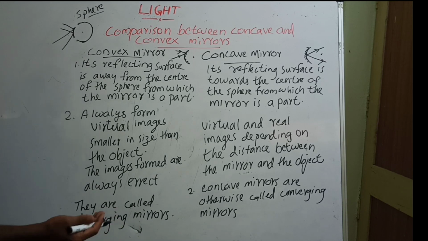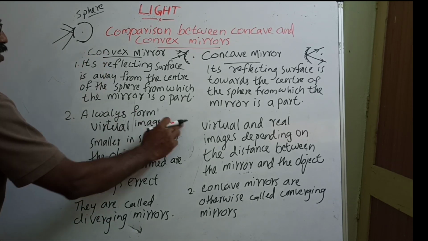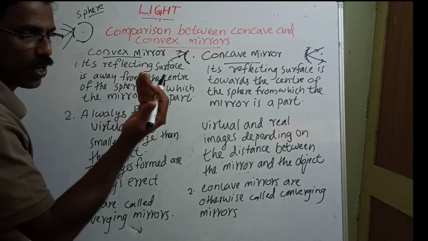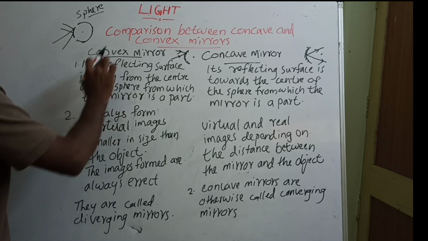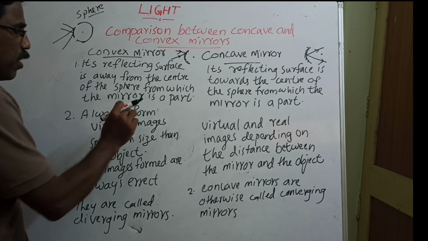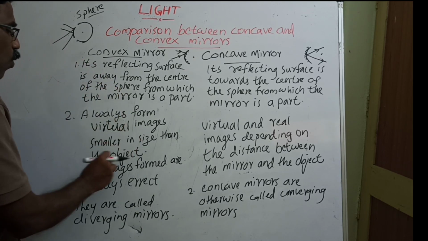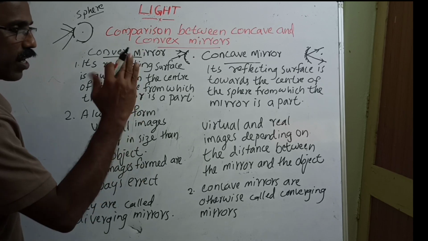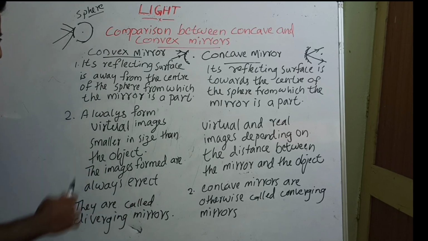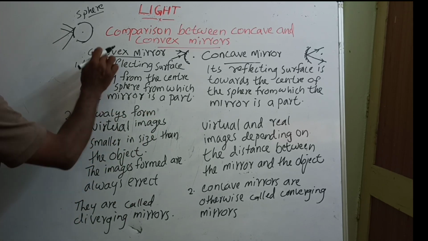The next difference is that a convex mirror always forms virtual images smaller in size than the object. You have seen already that a convex mirror can form images spread over a large area, but the images are very small in size and always erect. We can see straight, erect images, and that is the peculiarity of the convex mirror.